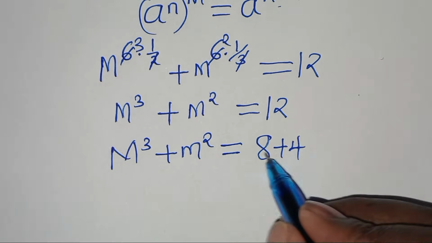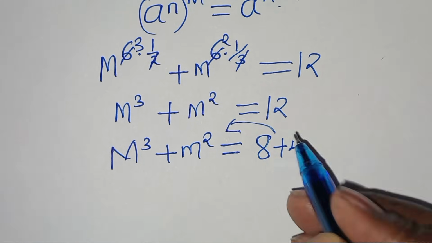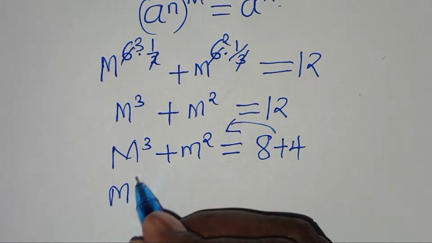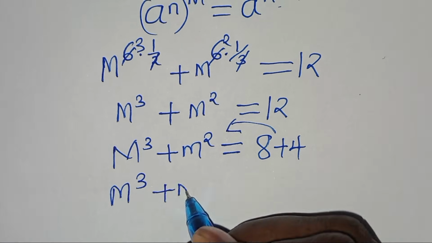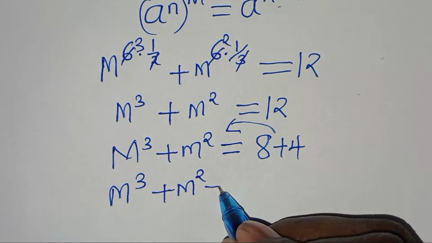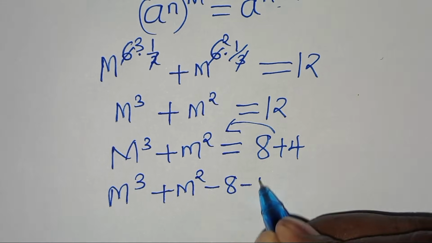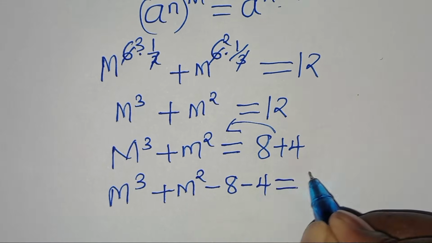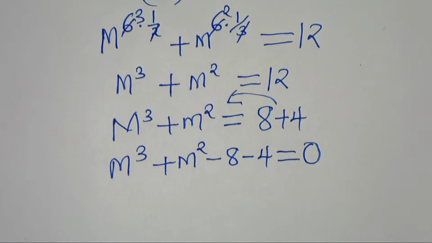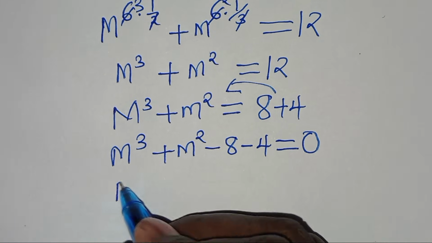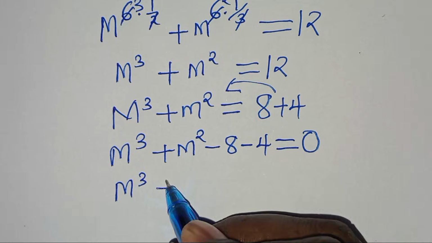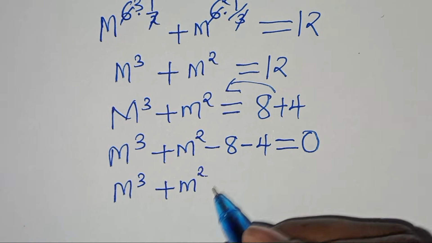Now, let's take 8 plus 4 on the left-hand side so that we have m to the power of 3 plus m to the power of 2. Subtract 8, subtract 4. This is equal to 0. So we have m to the power of 3 plus m to the power of 2.